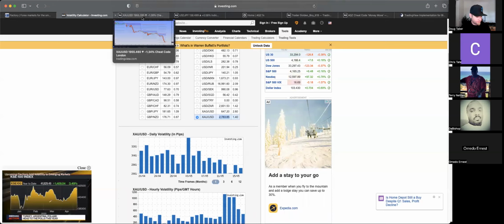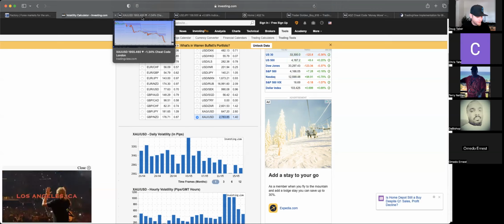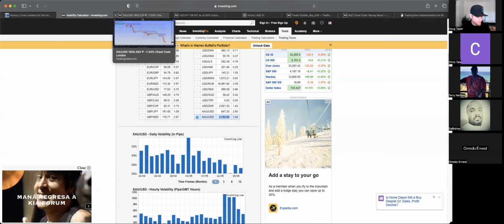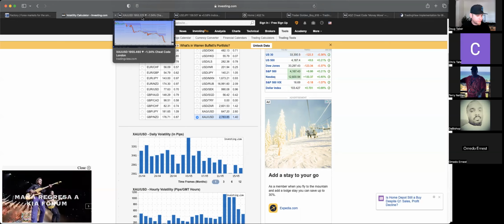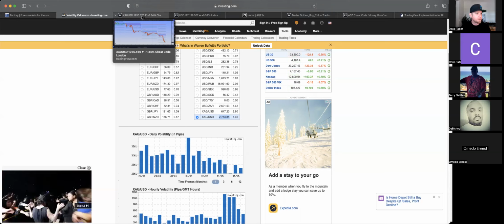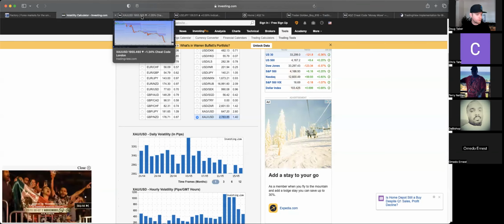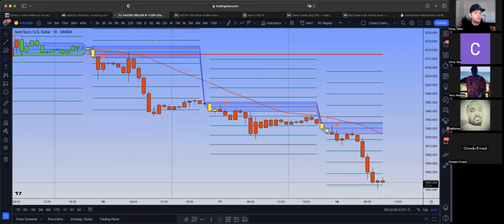Let me just get out my calculator. 278 divided by 2 is 139, and 278 times 0.75 is 208. So we'll round it off and say 130 to 200 pips. 130 to 200 pips is what we're going to be targeting on gold.